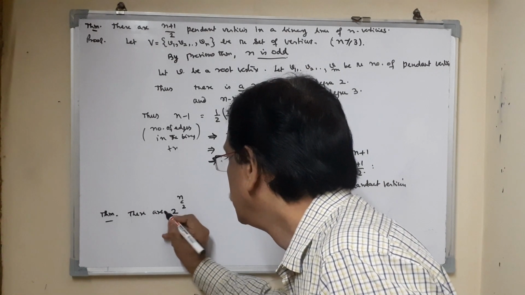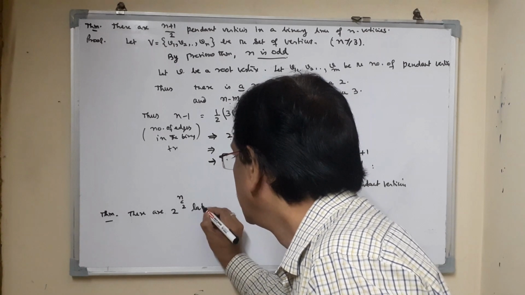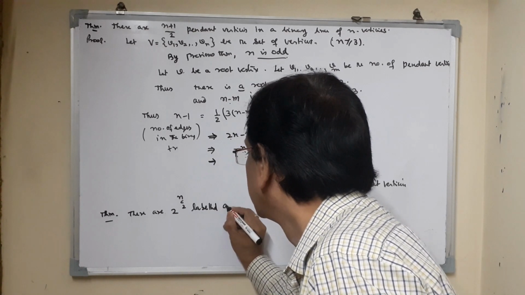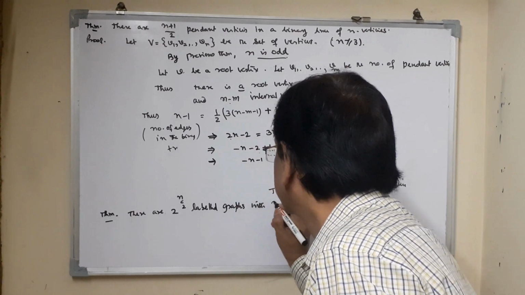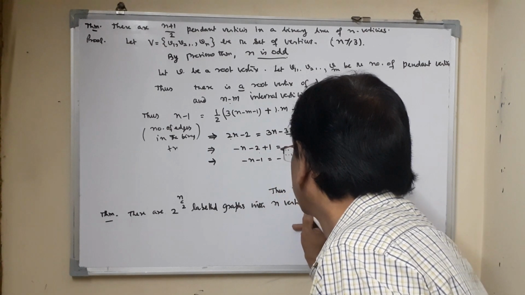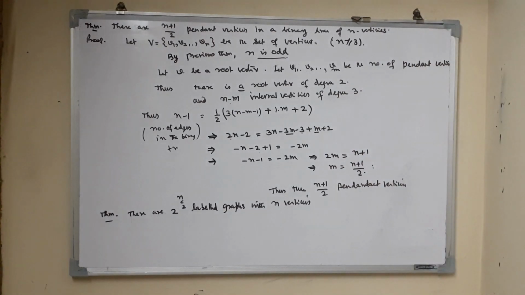There are 2 power nC2 labeled graphs with n vertices. Let us try this one.